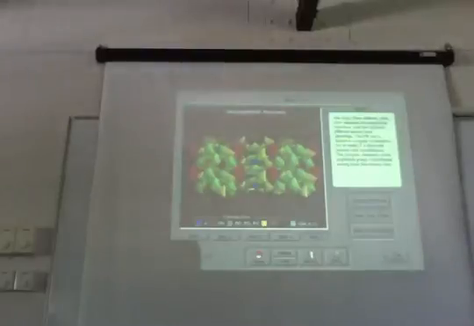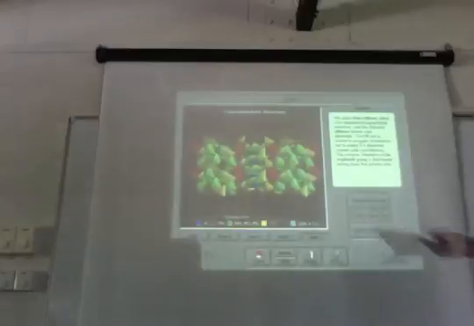Here we have the A-axis, the C-axis, and the B-axis, and that is how it looks from the A-axis view, from this side.